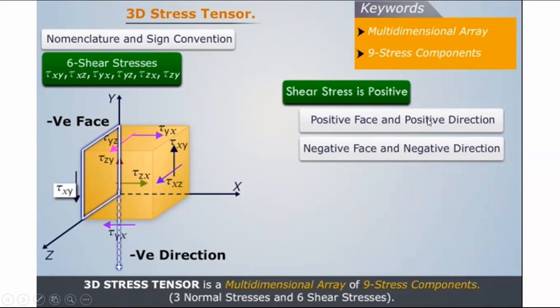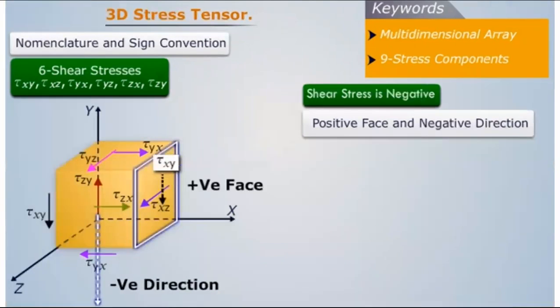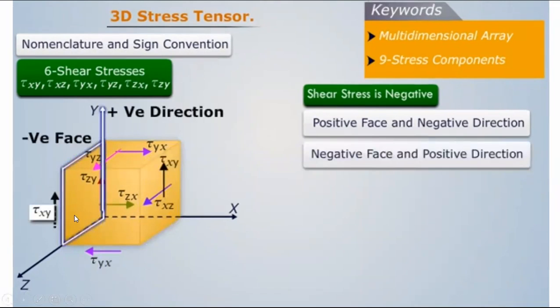Either both positive or both negative. Shear stress will be negative in case the face is positive and direction is negative. That means positive x face, but direction is negative. You can see this is the negative y-axis. The stress is in the negative y-axis direction, and vice versa. If the face is negative but direction is positive, then the shear stress will be negative.